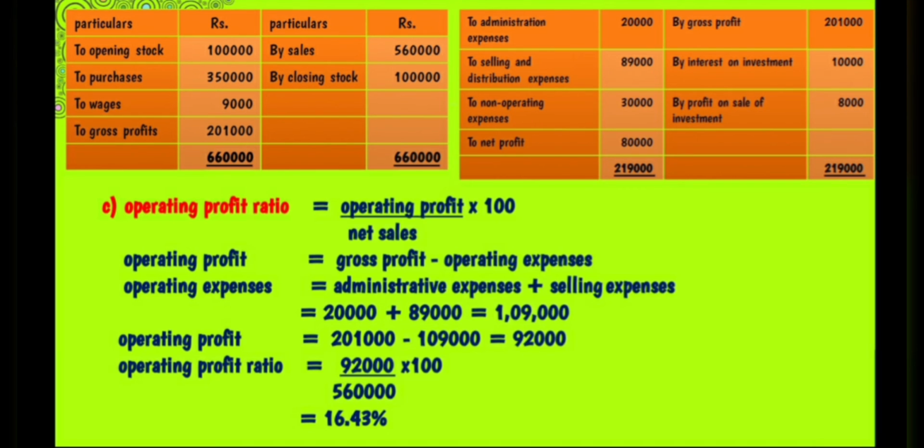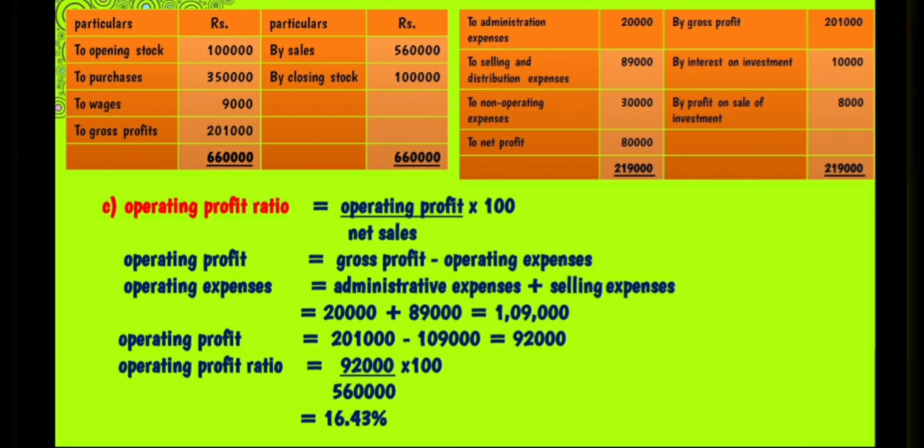Then we have to find the operating profit ratio. The formula for the operating profit ratio is operating profit divided by net sales into 100. First we have to find the operating profit. Operating profit means gross profit minus operating expenses. We already know the gross profit. Then we have to find the operating expenses. Operating expenses is equal to administrative expenses plus selling expenses.